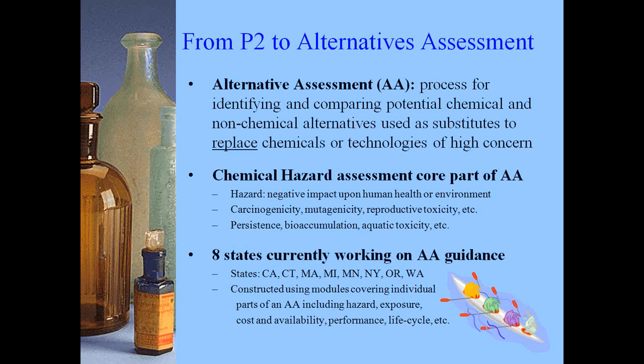There may be varying needs for different applications or products or processes that emphasize some components of an alternative assessment, but those components may not be important for others. So keep that in mind. I do put in there some examples of modules: hazard, exposure, cost and availability, performance, life cycle. We've come up with about 9 different modules, so 9 different things that are important components of an alternative assessment. So that's all I'm going to say on that, and we'll move on.